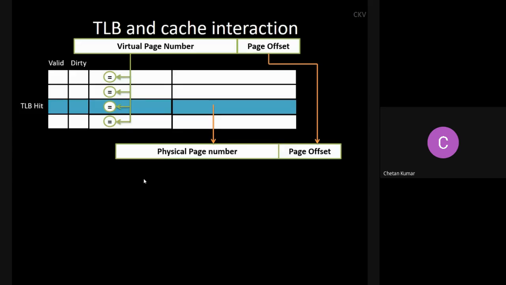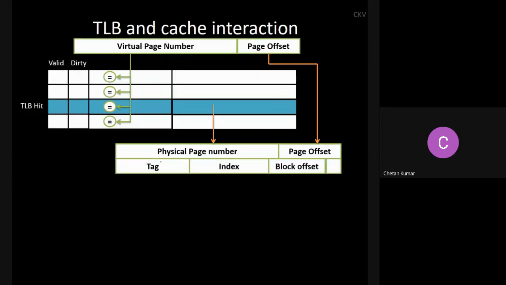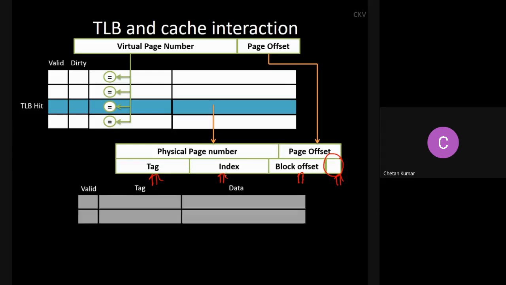You divide it into different fields. What are the different fields? You divide it into the tag field, the index field, and then the block offset field. The initial part will be the tag on the MSB side, then you will have the index, and after that the block offset. Of course, depending on your word size, some bits you might be neglecting. You partition this physical address into different fields, and you use the index to access the cache.